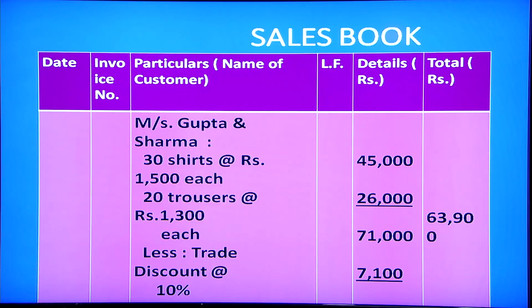Similarly, you will calculate the details and then deduct the trade discount. From the total of the items bought, that is 71,000, 71,000 into 10 by 100 because the trade discount is mentioned as 10%. 71,000 minus 7,100. That amount after deduction will come in the outer column, that is 63,900.